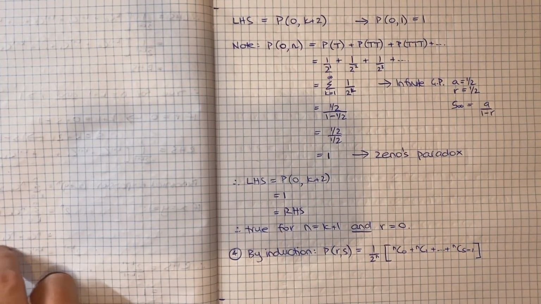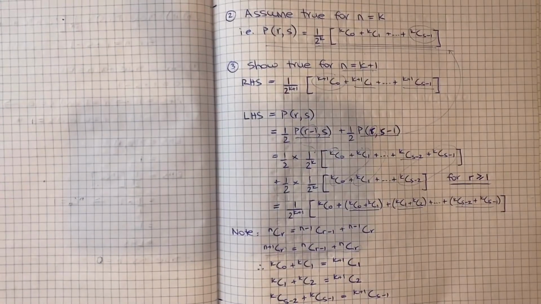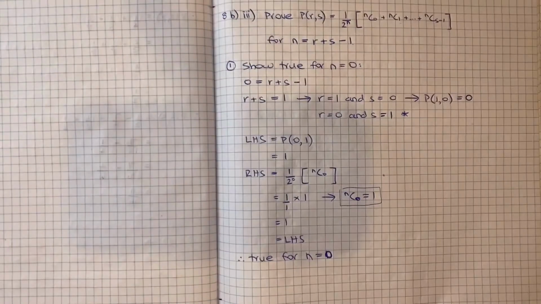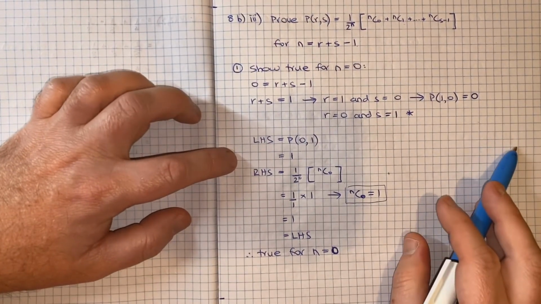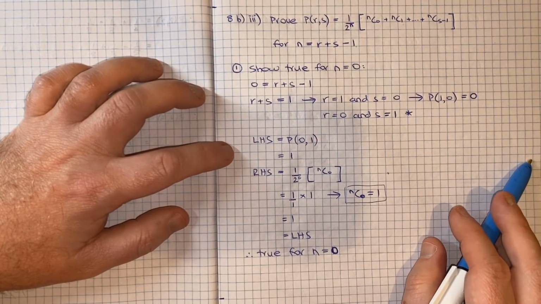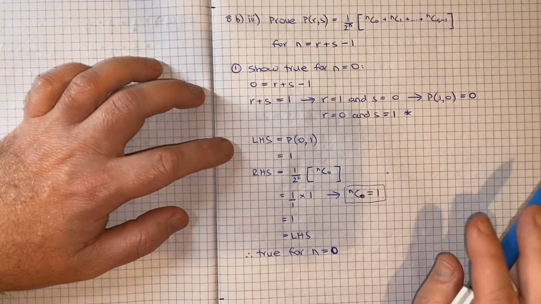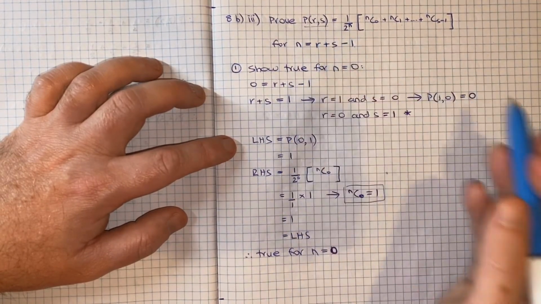So certainly a lot of work there, a lot of possibility for error. Certainly I think where the bulk of the marks are probably going to be allocated in this question. You really need to have had a pretty good understanding of what was going on with this question. Like, what is P(r,s)? What is the deal there?